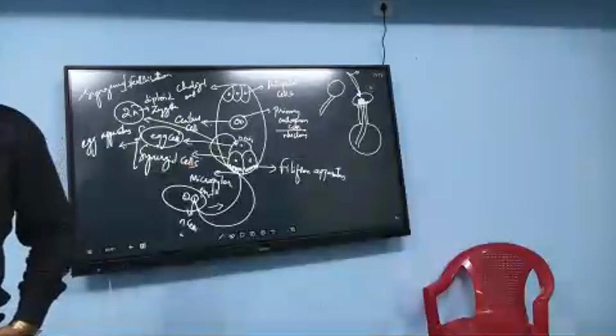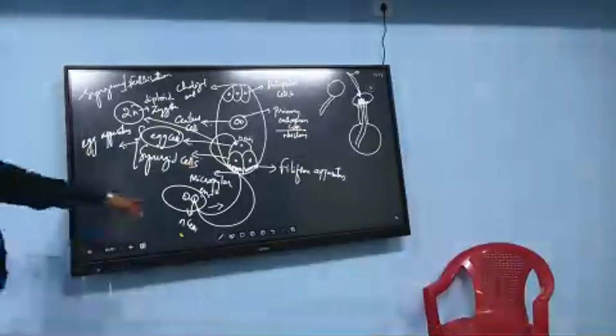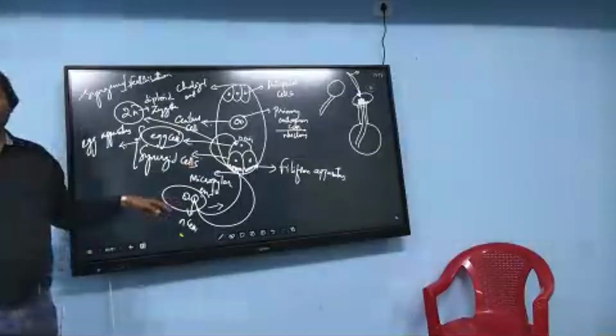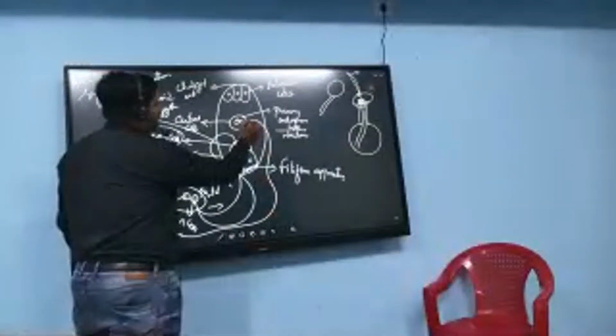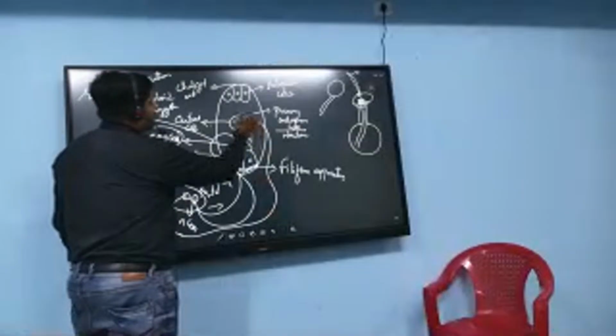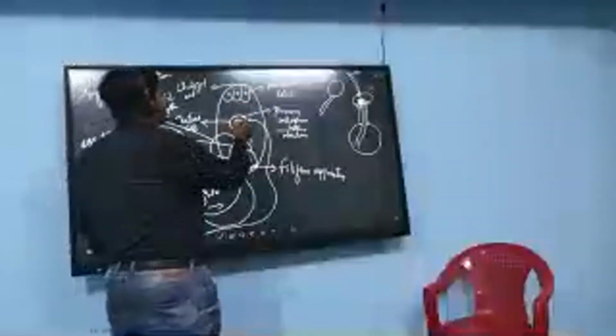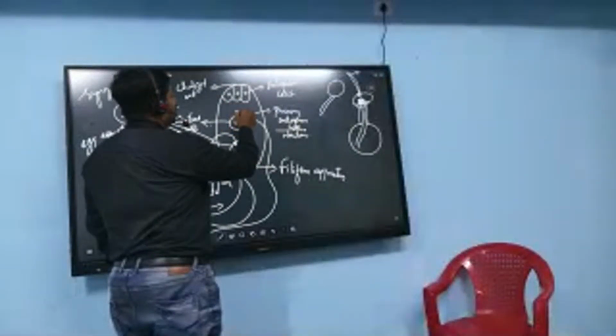Done? Not yet, one more male gamete is present. This one more male gamete, again with the guidance of the filiform apparatus, will fuse with the polar nuclei. How many nuclei are there? Two nuclei are there.